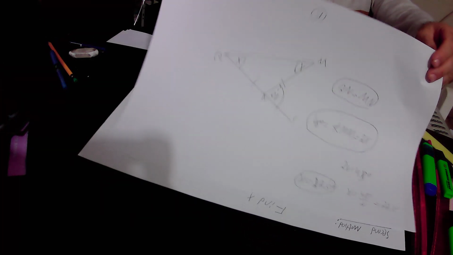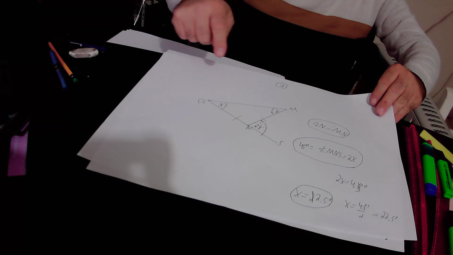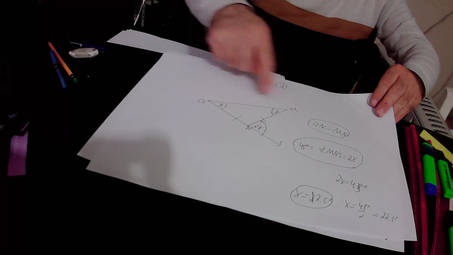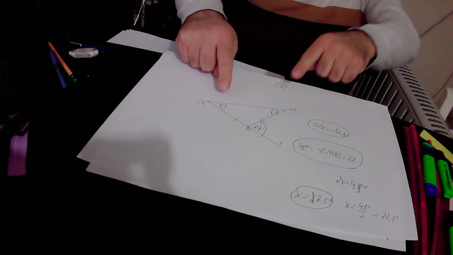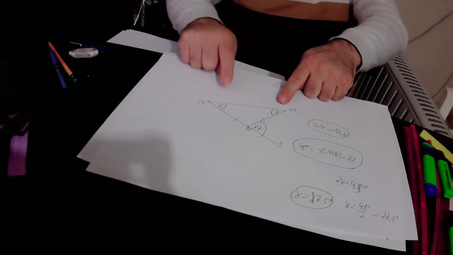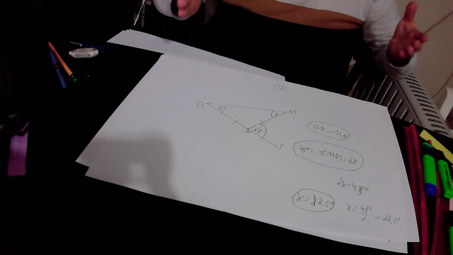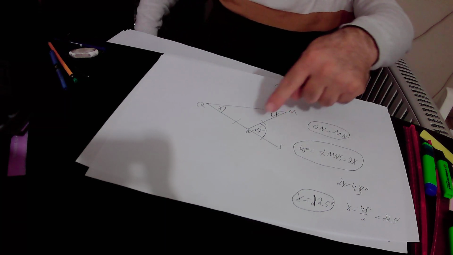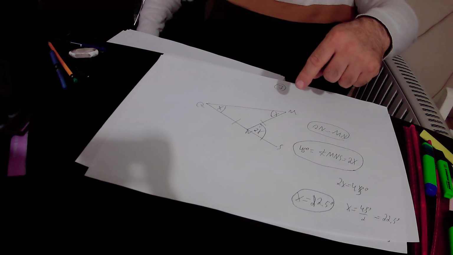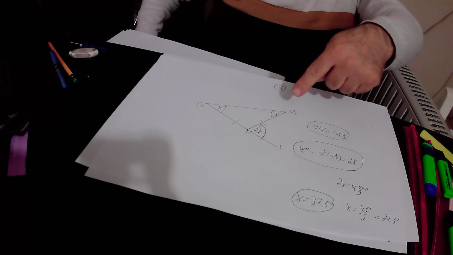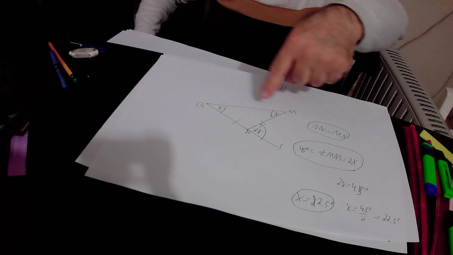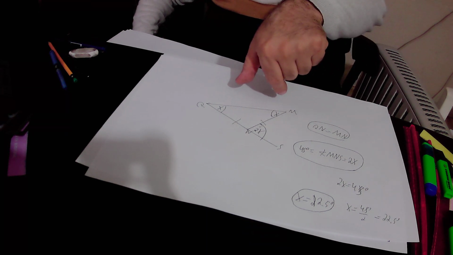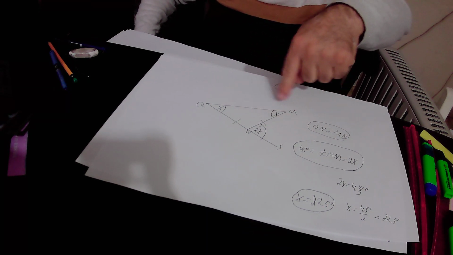Okay, angle MQN equals x, so this angle must also be equal to x. So those two angles are both equal to x, and in triangle QMN, angle MNS is an exterior angle, and the value of the exterior angle MNS according to rule number 4 equals the sum of the two angles that are not adjacent to it. The two angles that are not adjacent to it are those two angles. That is to say, this angle equals x plus x.